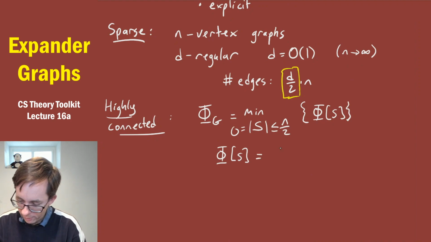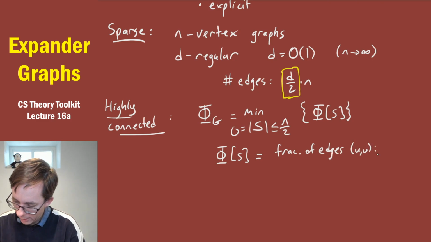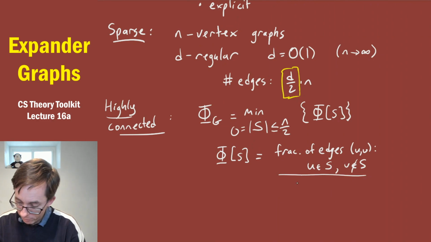It was the fraction of edges, like UV with U in S and V outside S, divided by the fractional size of S, the fraction of vertices in S.